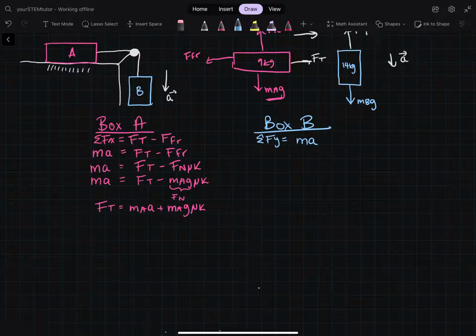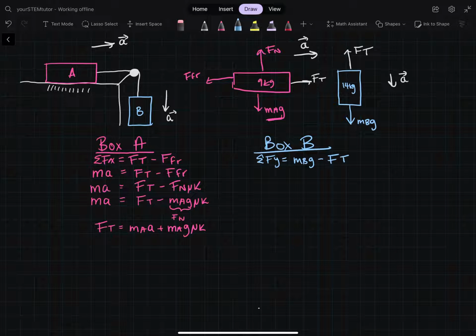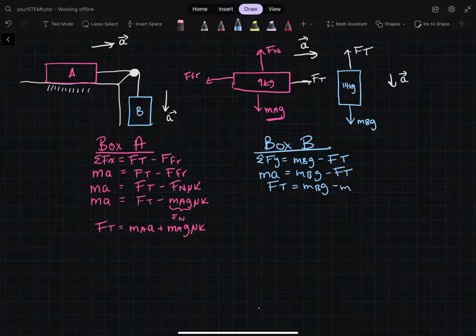The sum of forces on the y-axis, what is going with the acceleration will be positive, so m_B times gravity is going with acceleration, and the force of tension is opposing it. So we know m_B a equals m_B g minus force tension, and if we want to solve for tension, we have force tension equals m_B g minus m_B a.